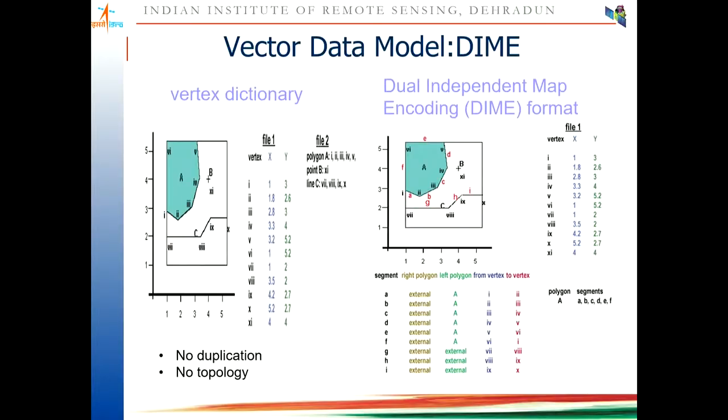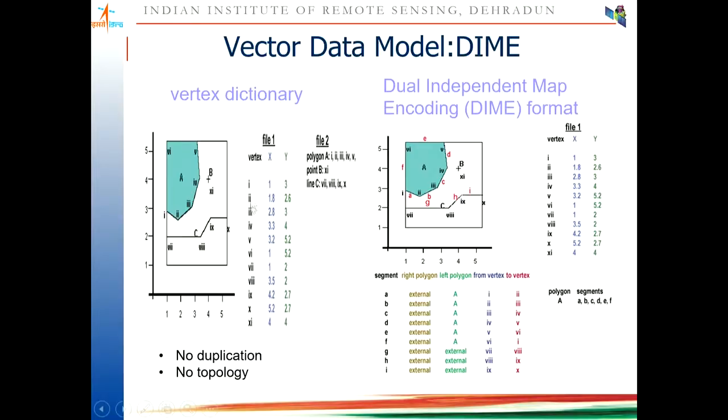Due to that duplication and a lot of cluttering, people have slightly modified the representation of these data structures, and separated it into two parts. One is, to avoid repetitions, all the vertices used to represent any kind of geometries are put in a single file.